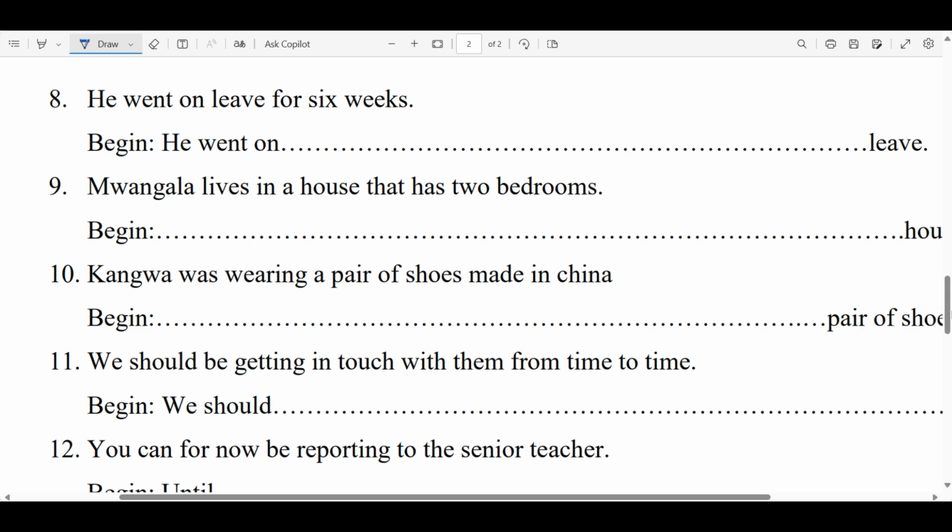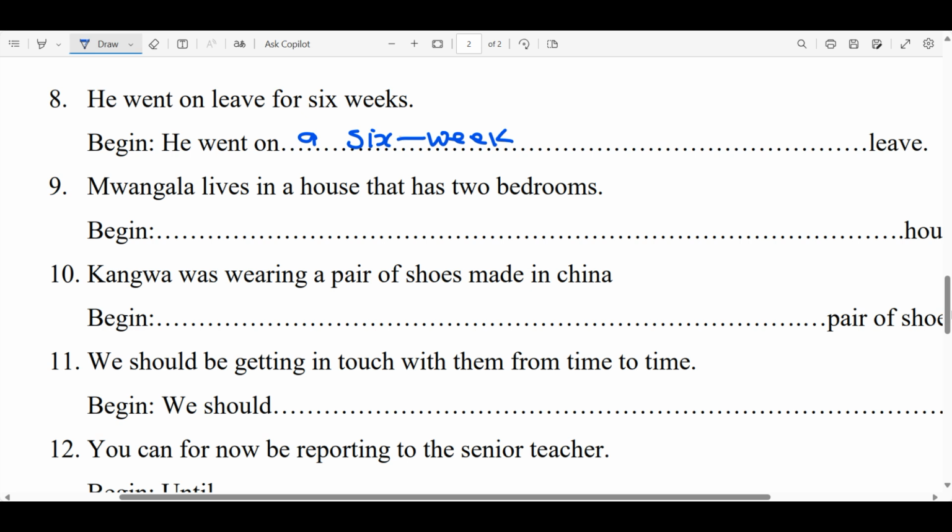So we say he went on a 6-week leave. On this one, we don't have to add the S. We don't have to make the week plural. It's just 6-week, because we have formed what we call the compound. So the hyphen is this symbol here. So the two words, the 6 and the week, have become a compound word.